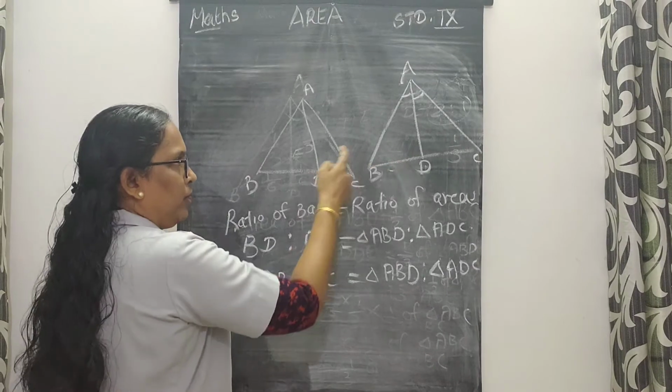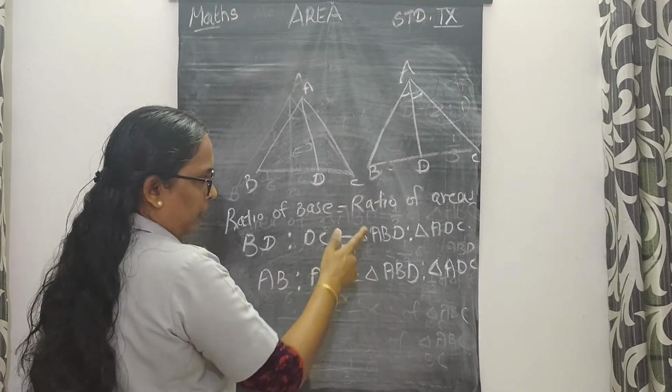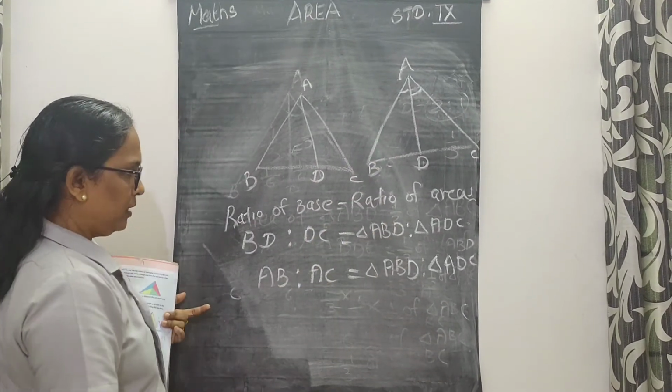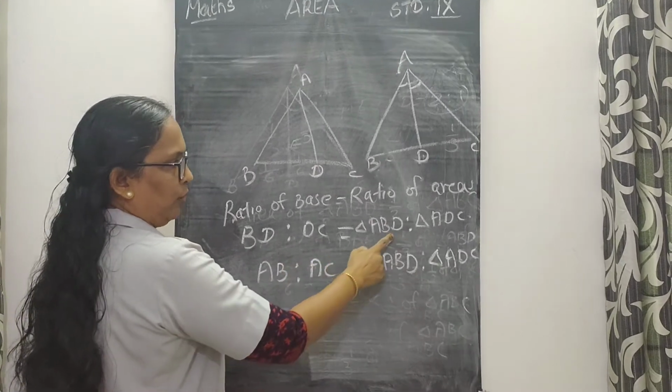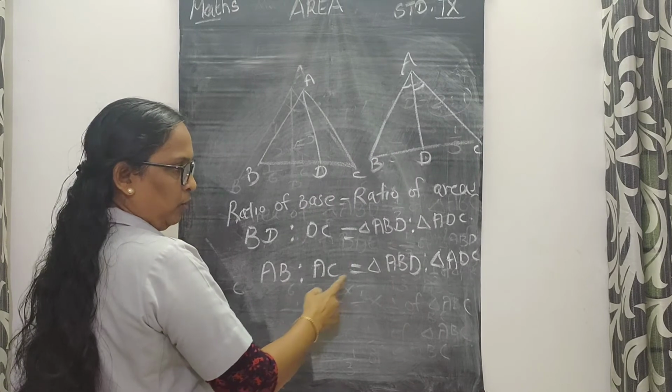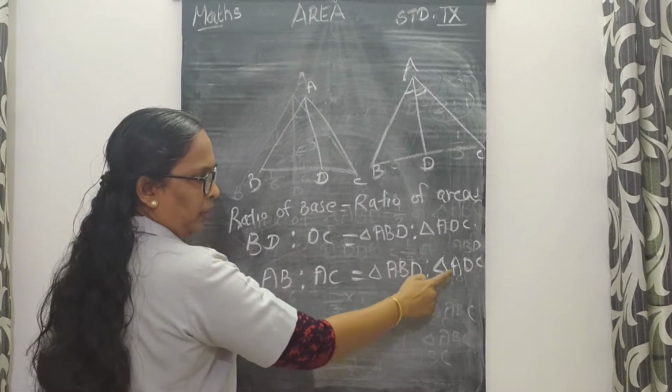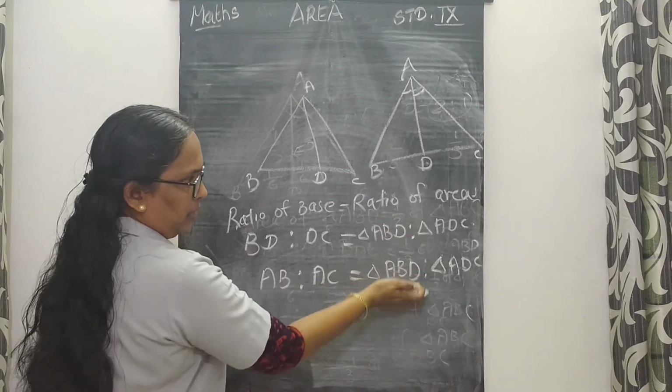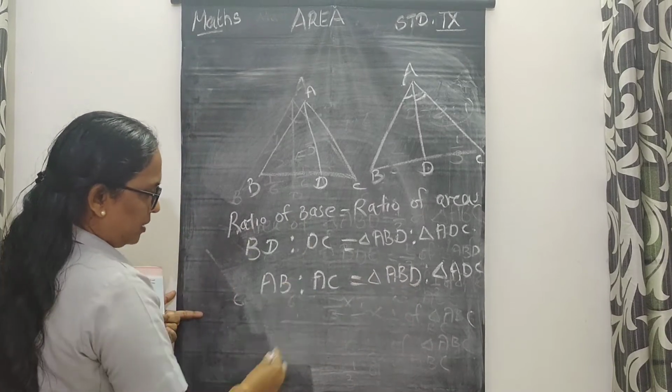So from these two, we can join these two concepts. BD is to DC equal to area of ABD is to area of ADC, and AB is to AC equal to area of ABD is to area of ADC. These two are the same, so we can equate them.